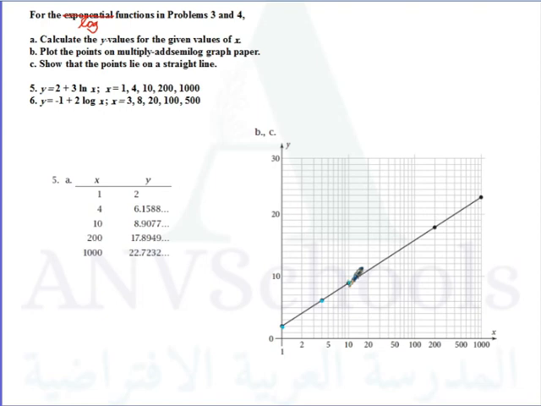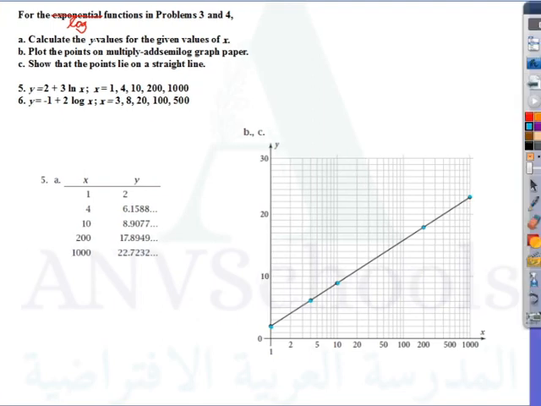If x is 200, 17.8949. And if x is 1000, 22.7232. And then we'll just connect the points. Connecting the points gives us actually a straight line, right? Okay, so it's proven.